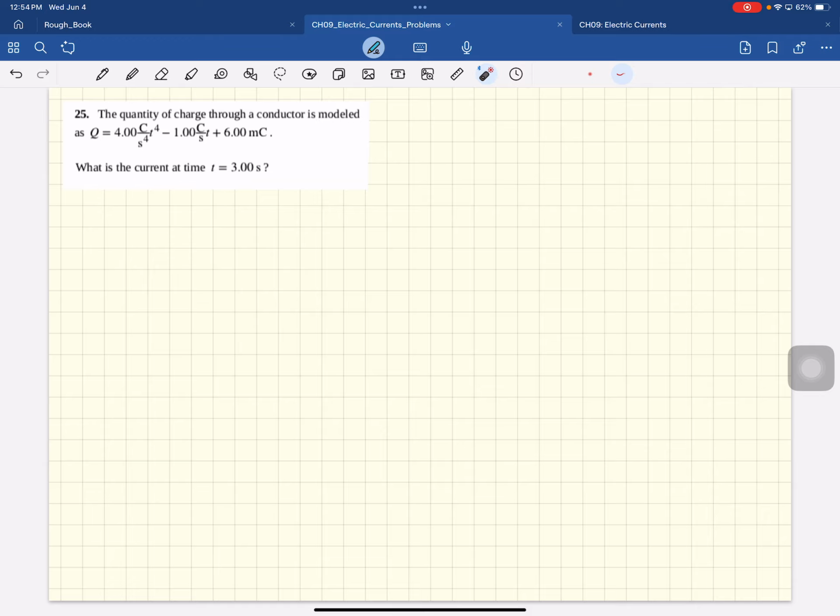By the way, these are in coulombs, these per second square, and this is millicoulombs, so I'll write it without units. 4t to the power 4 minus t plus 6 into 10 to the minus 3, and this is in coulombs. So each term is coulombs. So this is coulombs per second to the 4. This is a second. This 1 is coulombs per second. Okay, that's the units.